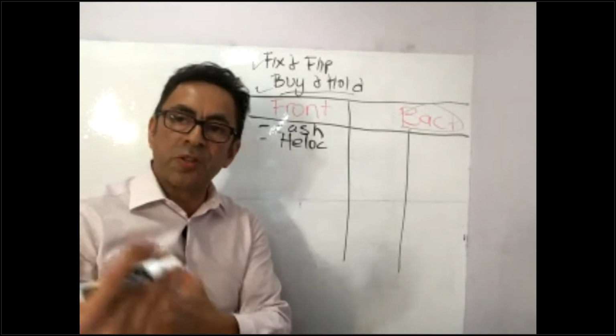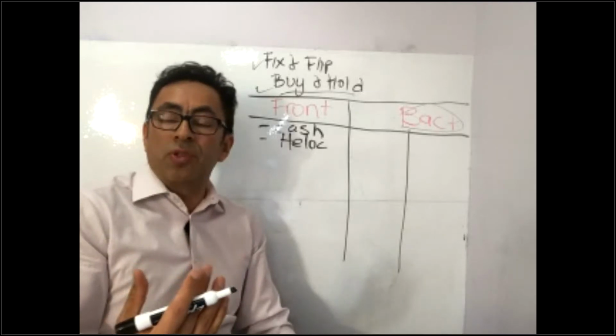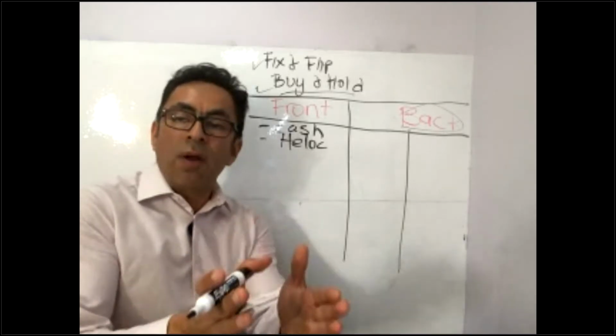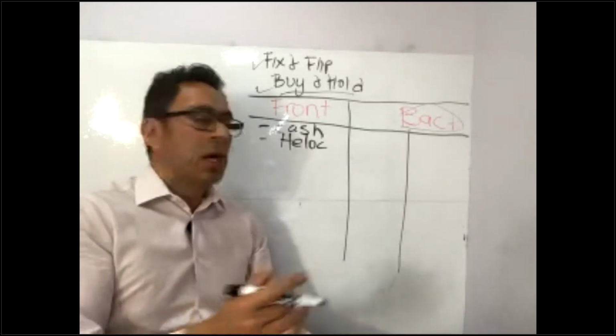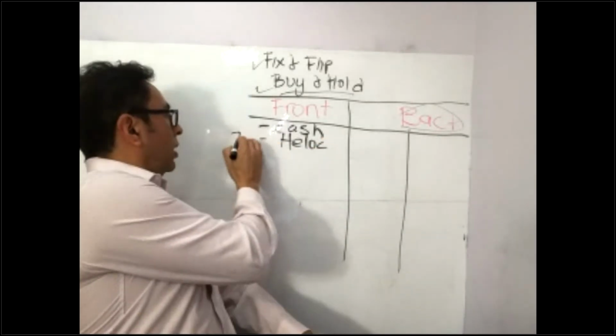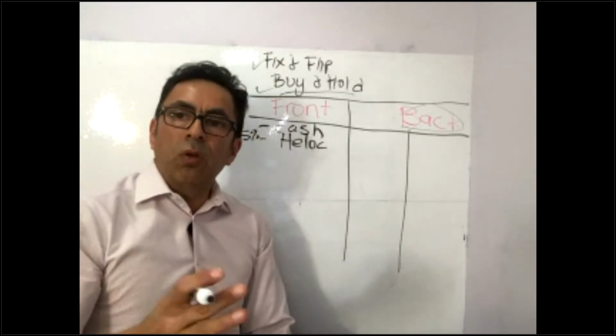So if the property appraises for 100,000, then you can take out up to 75,000. But if you owe, let's say, 40,000, so you have 60,000 in equity. Okay. So remember, with a HELOC, you're going to be able to tap into up to 75% loan to value.